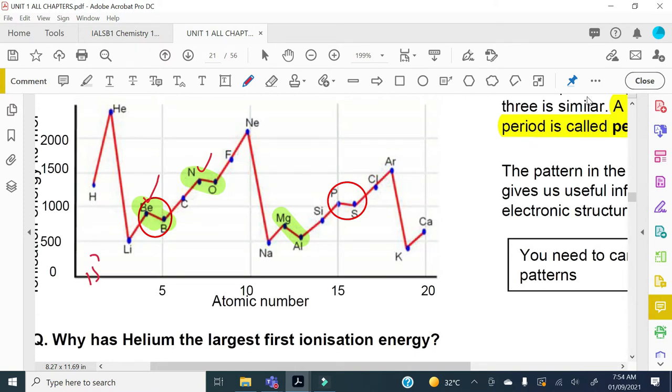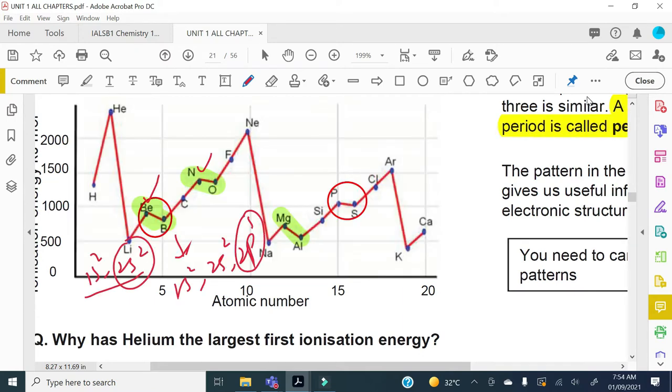It is 1s2, 2s2, right, beryllium, and boron is 1s2, 2s2 and 2p1. 5 electrons are there in boron, right? So between beryllium and boron, another subshell has started.